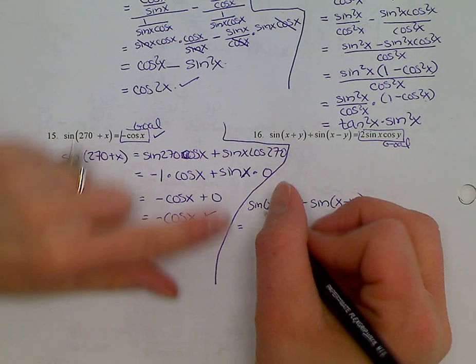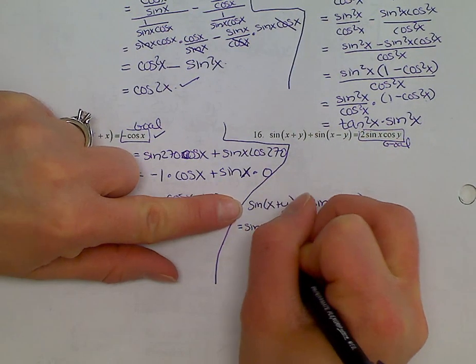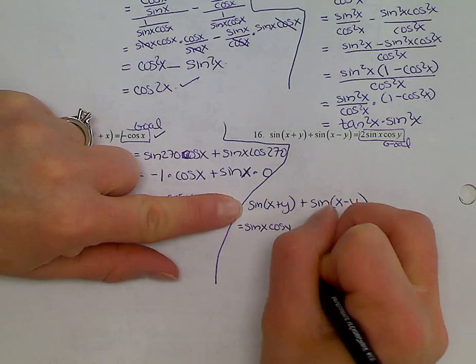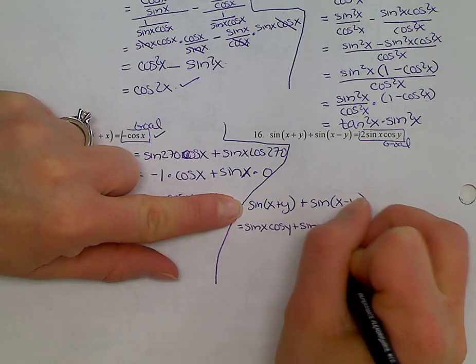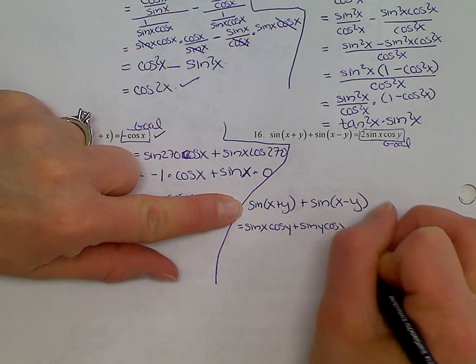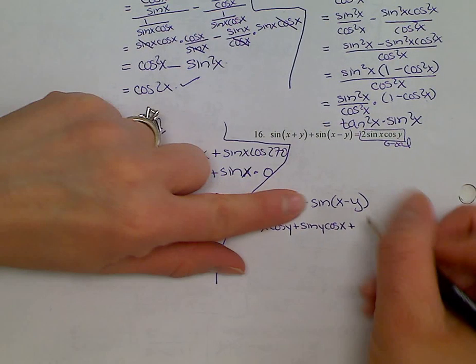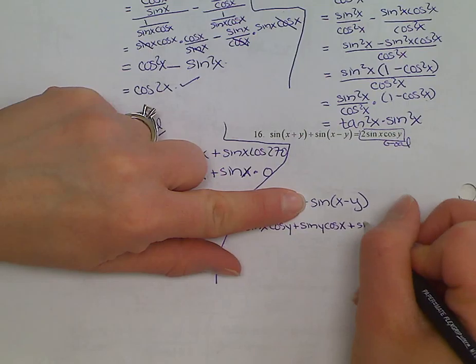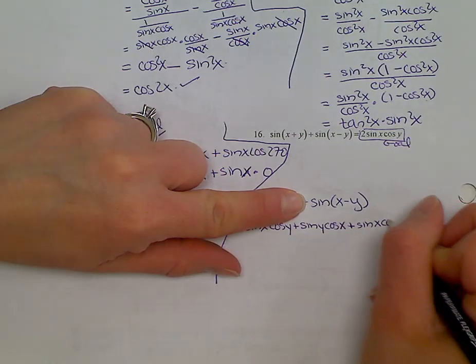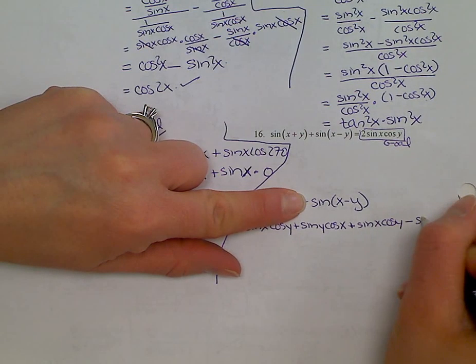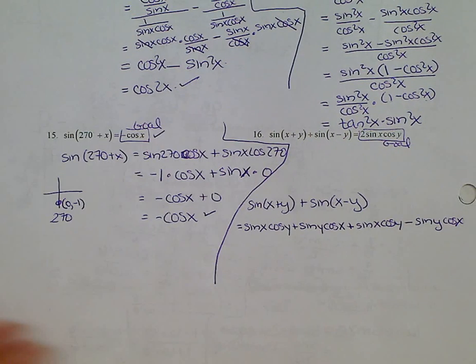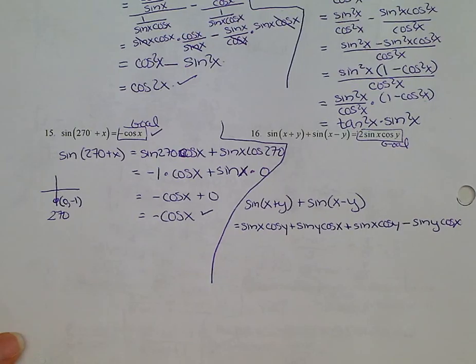Using our identity, we have the sine of x times the cosine of y plus the sine of y times the cosine of x, plus the sine of x times the cosine of y minus the sine of y times the cosine of x. That's just using the sum and difference identities for the sine, writing them out.